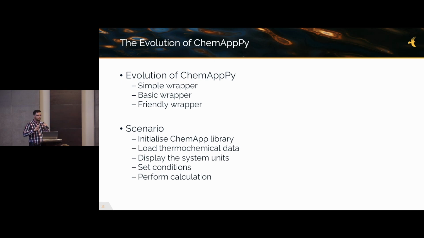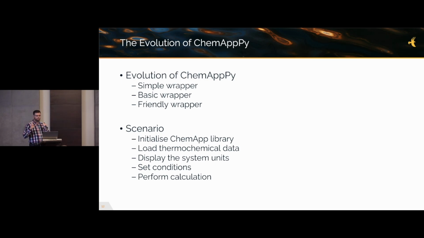Right, so I want to talk a little bit about the evolution of ChemApp. There were three major milestones along its journey. The first is developing a very simple wrapper, simply exposing what is available in ChemApp in Python.